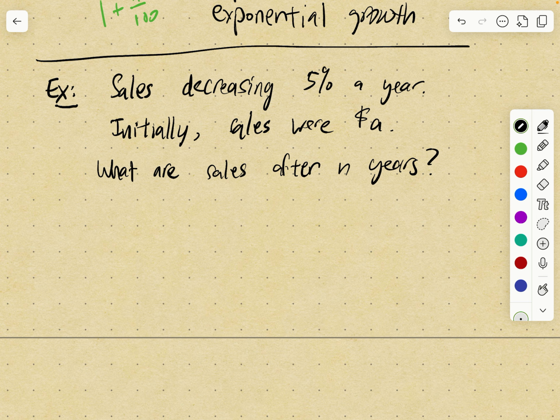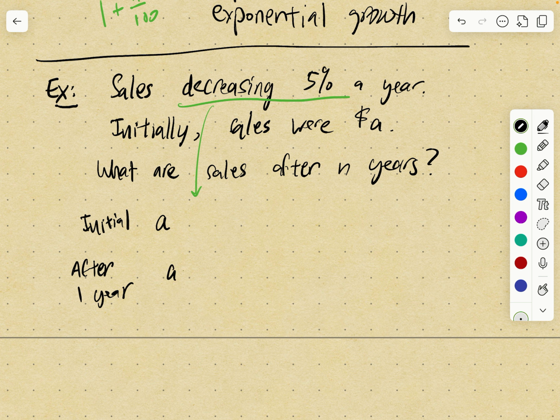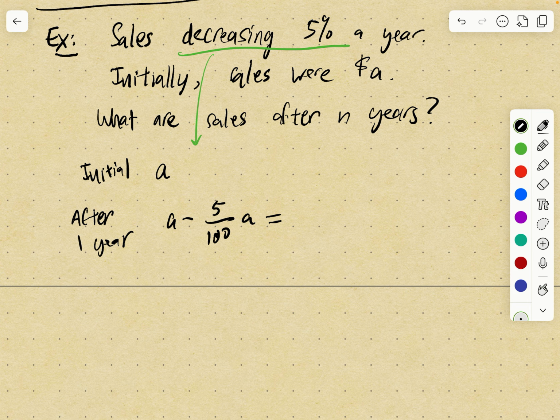Well, if you decrease by 5% a year, and you start with an initial amount A, then after 1 year you subtract 5% of A, the initial amount. So A minus 5 over 100 A is 95 hundredths A, because it's 1 minus 5 over 100 times A.